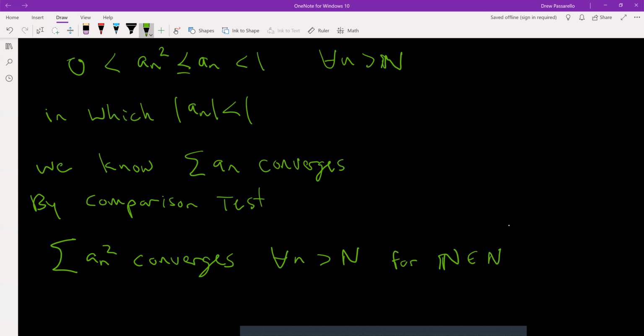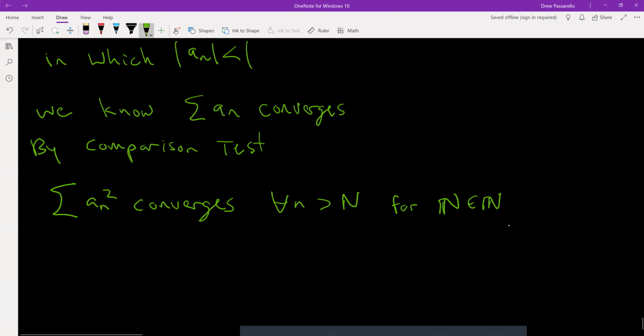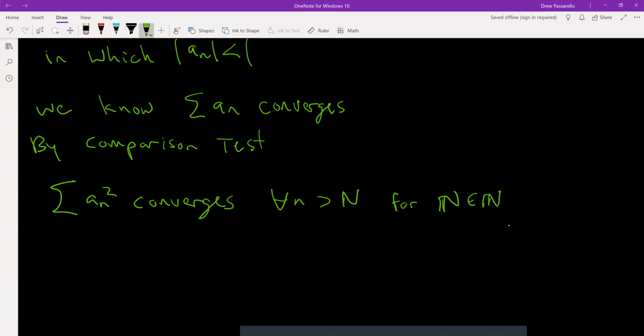That's a natural number. So that converges for all indices little n bigger than capital N. And that's an infinite amount of terms.